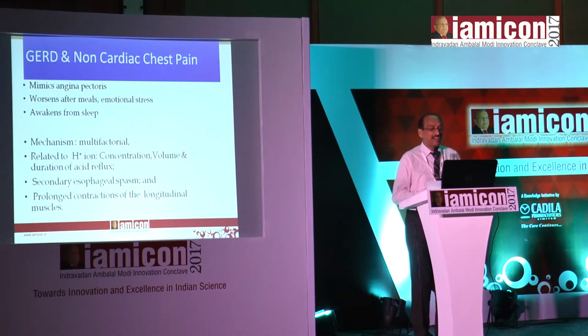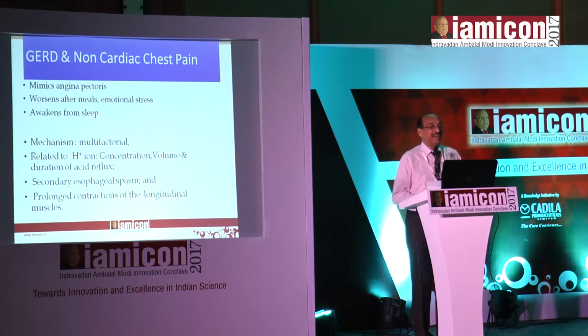So the non-cardiac chest pain mimics angina pectoris. It's worse after meals, comes up after emotional stress, and awakens from sleep also at times. The mechanisms are multifactorial. It can be related to the acid surge into the esophagus, the hydrogen ion concentration, the volume and the duration of acid reflux.